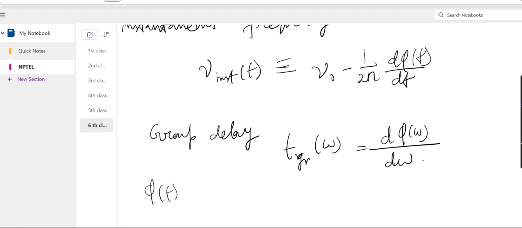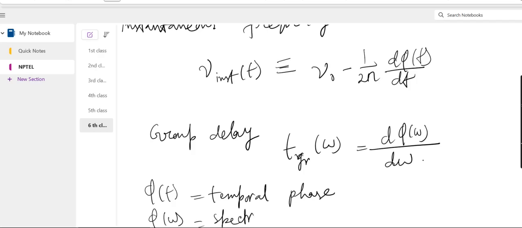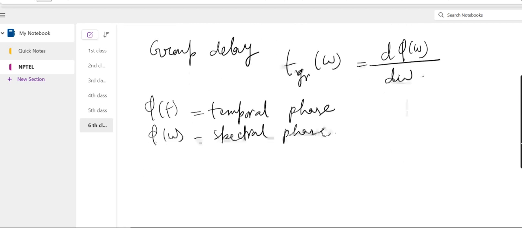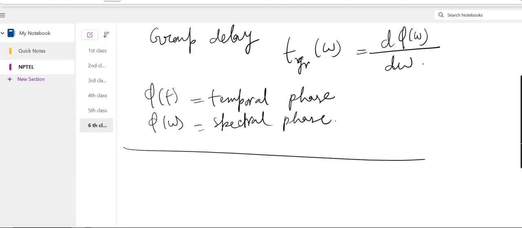So phi of t is the temporal phase, and phi of omega is the spectral phase.